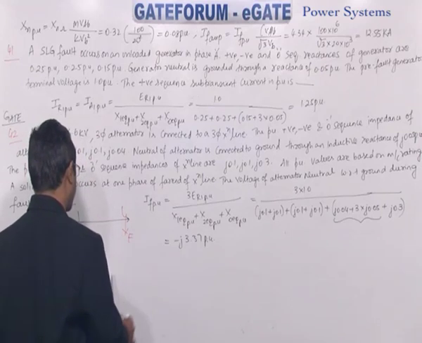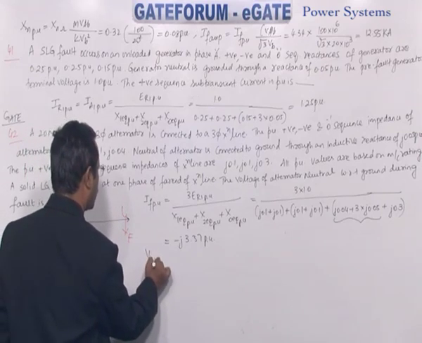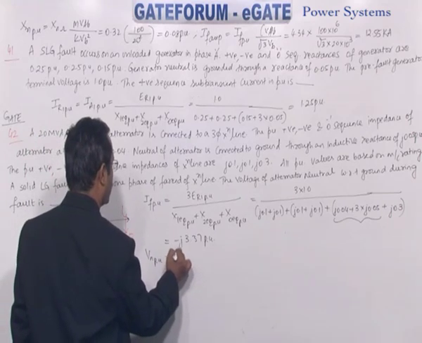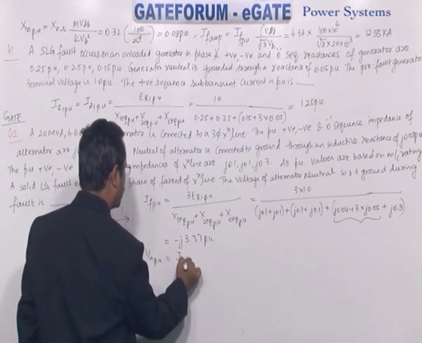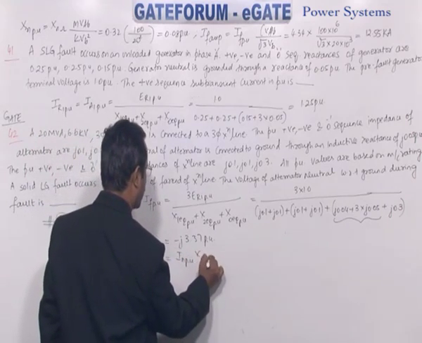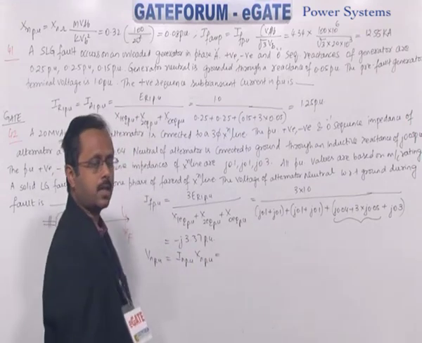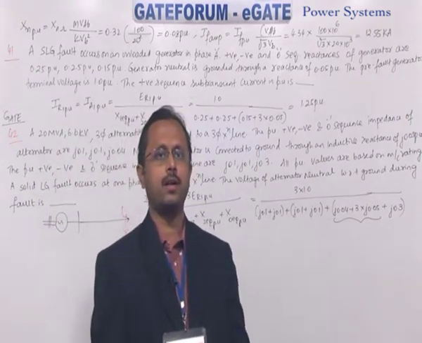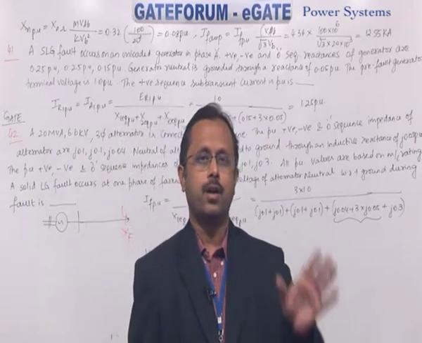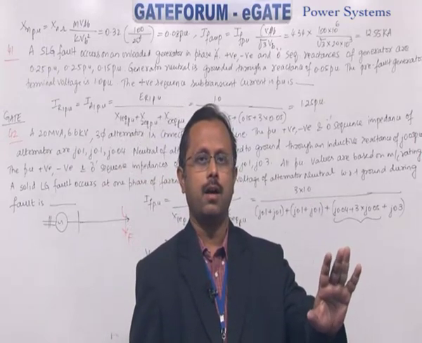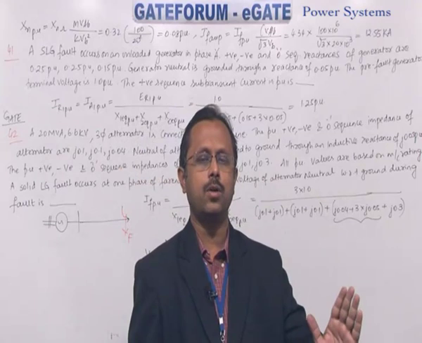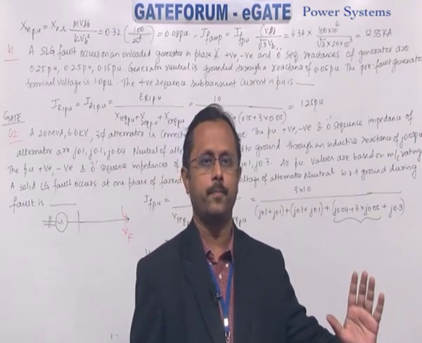Now how do we write the voltage to neutral in per unit? It is IN per unit times XN per unit. While doing the LG fault and LLG fault, we have written that for faults involving ground, IN per unit is equal to IF per unit.